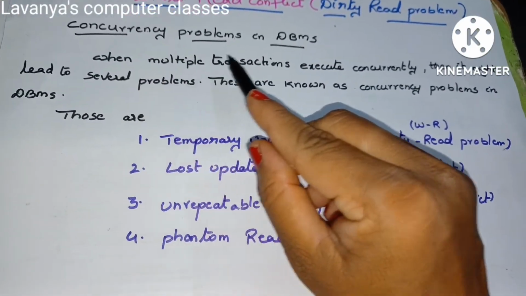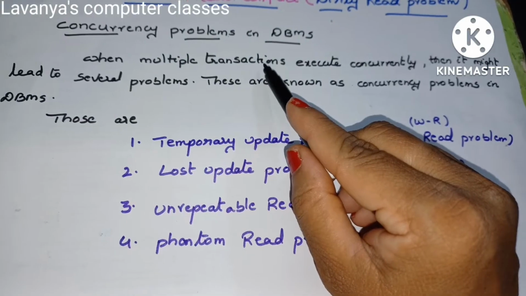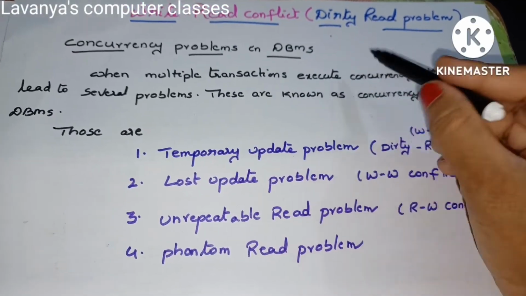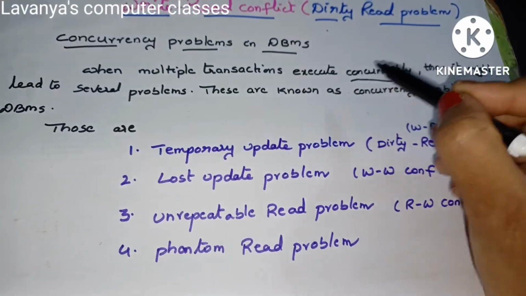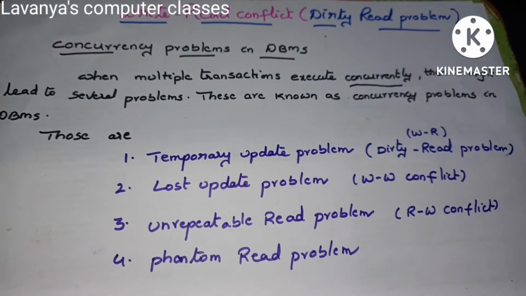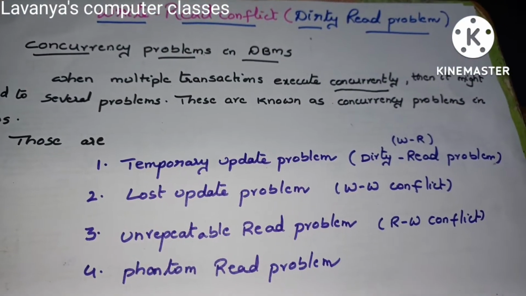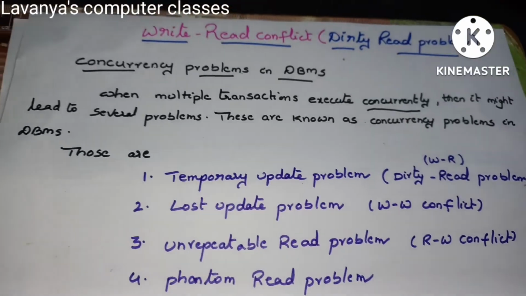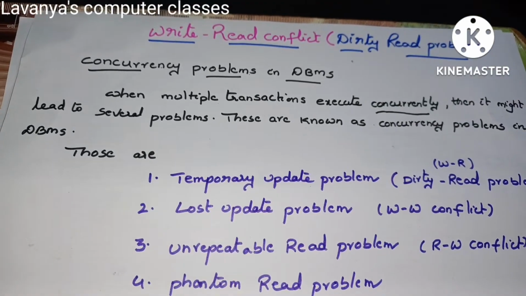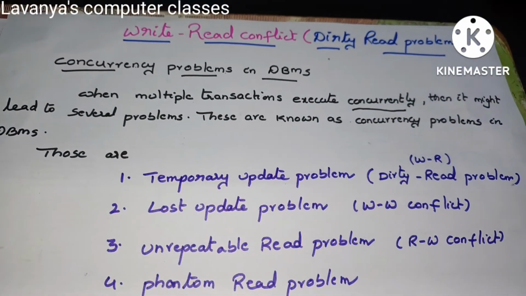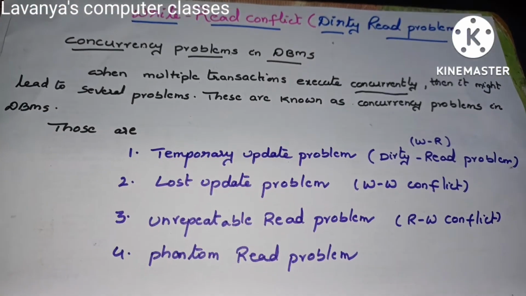When multiple transactions, a number of transactions, execute concurrently, concurrently means simultaneously, continuously, then it may lead to several problems.